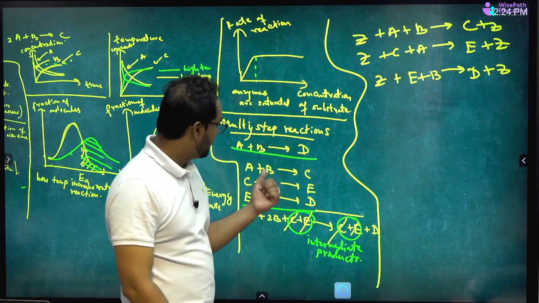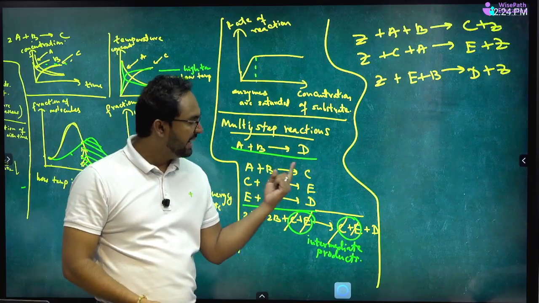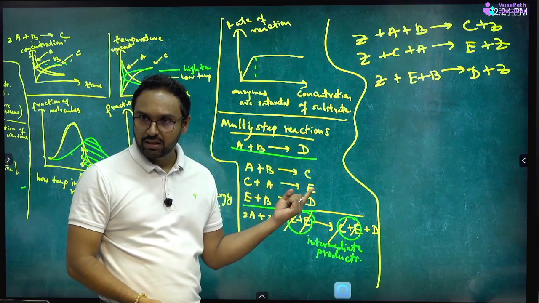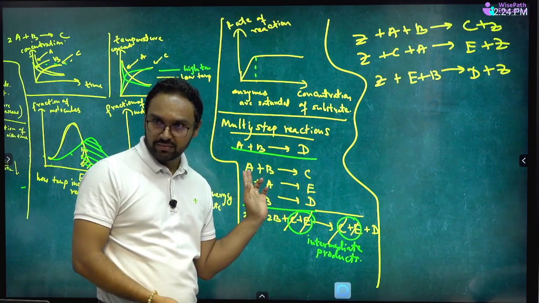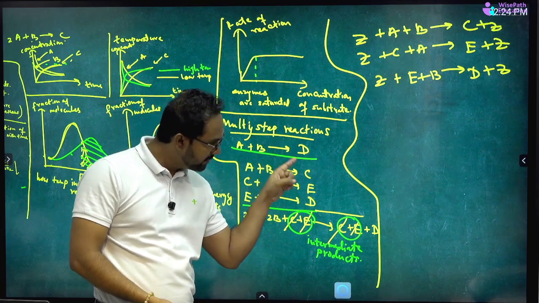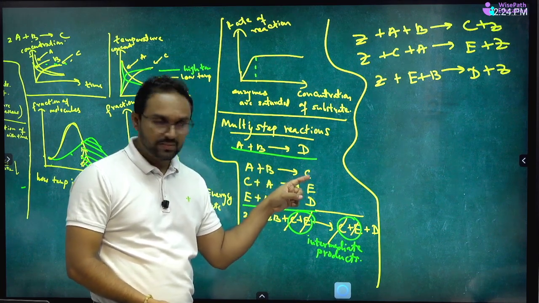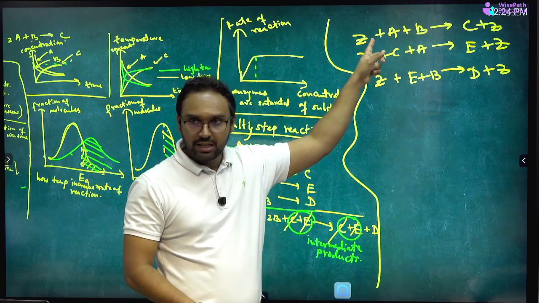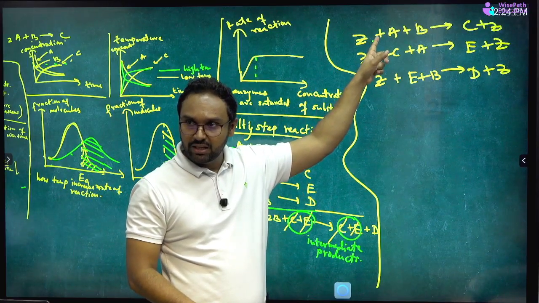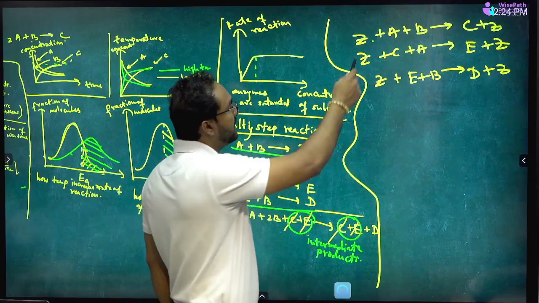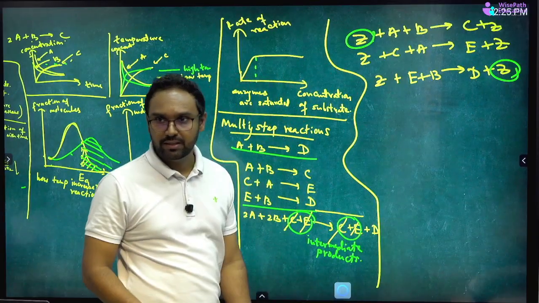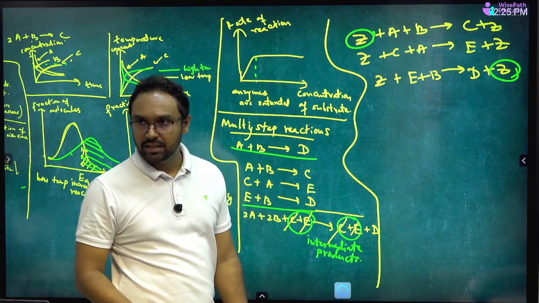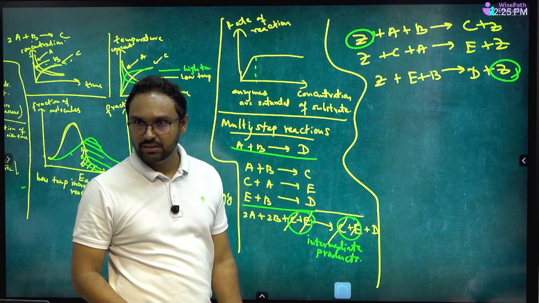So now in this one, these are intermediate products. Why? They were produced in the middle, right? In the beginning of the reaction, it wasn't there. It was produced in the middle. But is Z produced in the middle? No, it was there in the beginning. Now it's there in the end as well. What is that? That's a catalyst. Get it?